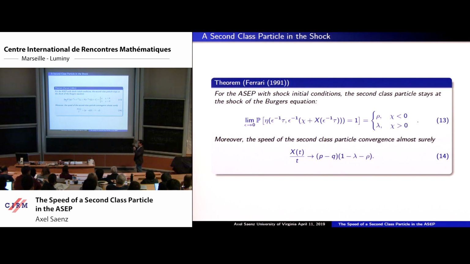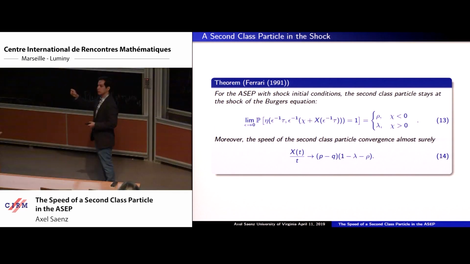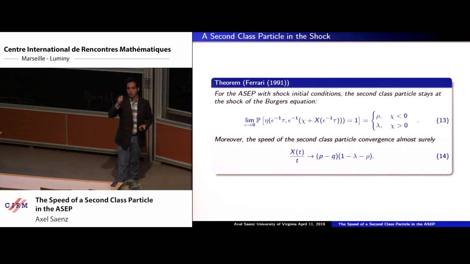So the second-class particle, as you evolve ASEP under shock initial conditions, keeps track of where the shock is. It's going to be the surfer on the wave.